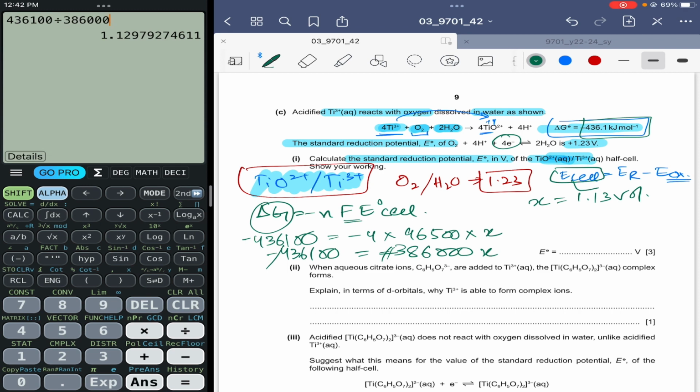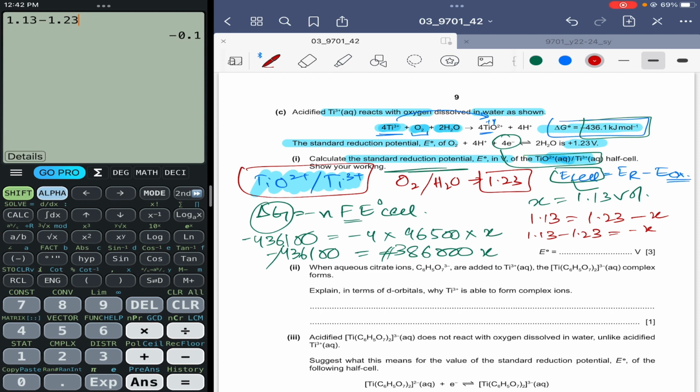Now we can simply calculate the standard reduction potential of the titanium half cell. So E cell is 1.13. Reduction potential of the oxygen half cell is 1.23 minus X. So 1.13 minus 1.23 is equal to minus X. So 1.13 minus 1.23 is equal to minus 0.1.